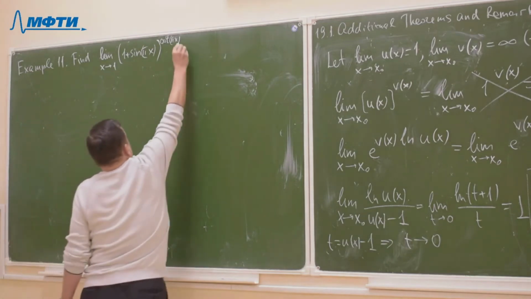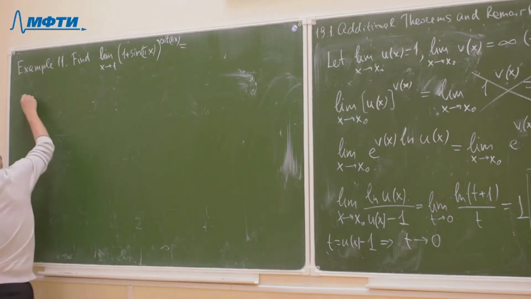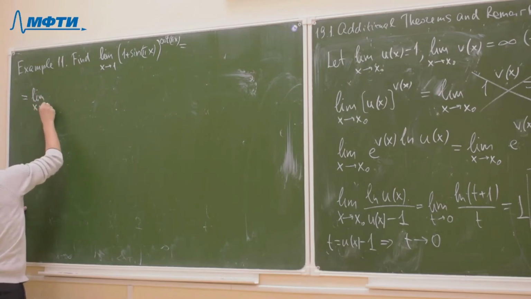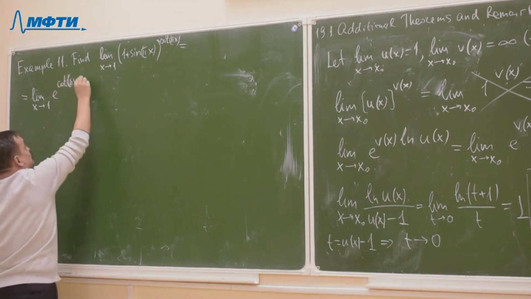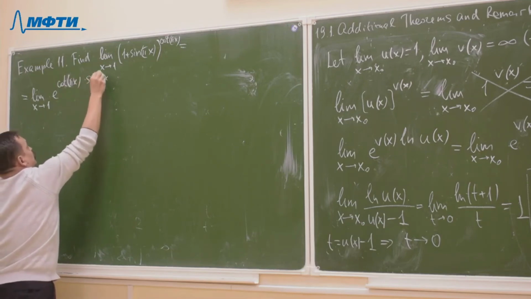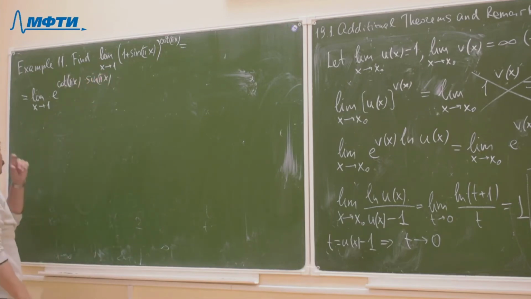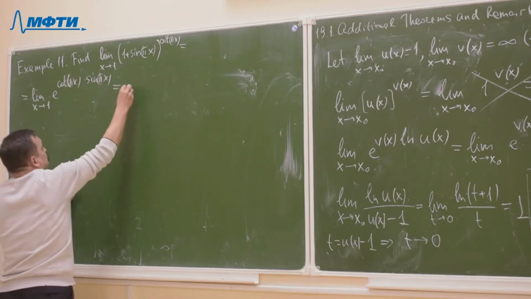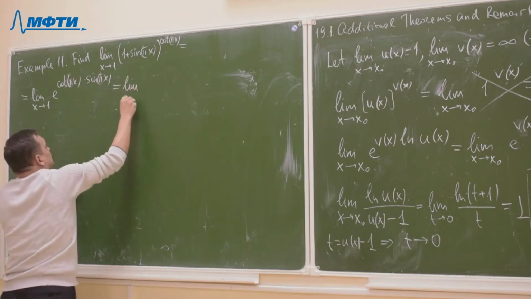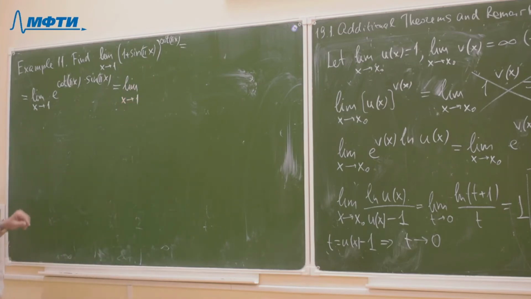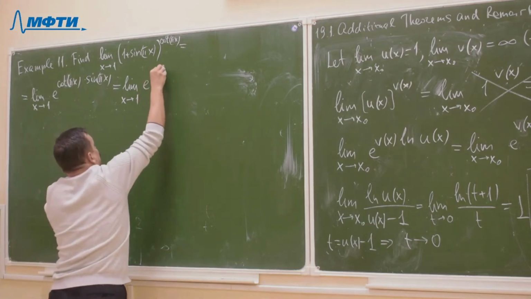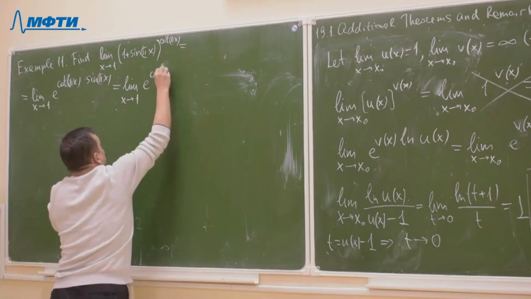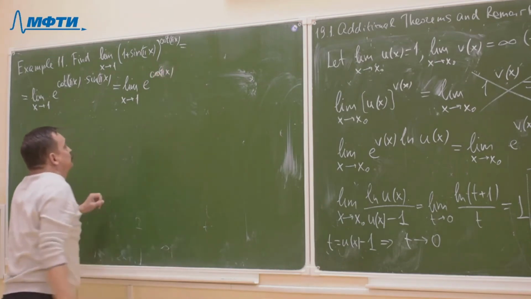Again, we'll proceed in the same way. So that is the limit as x tends to 1 of e to the power cotan pi x times sine pi x. So cotan times sine is precisely the limit as x tends to 1 of e to the power cosine pi x over pi x, right?